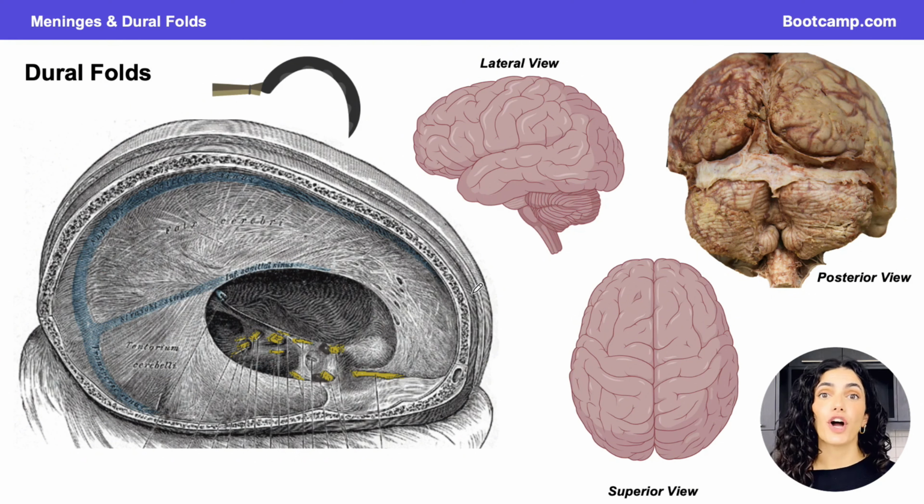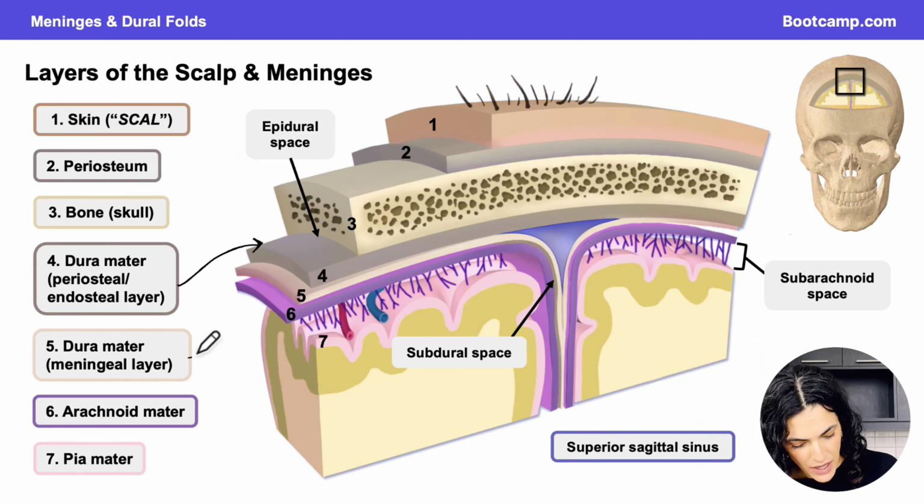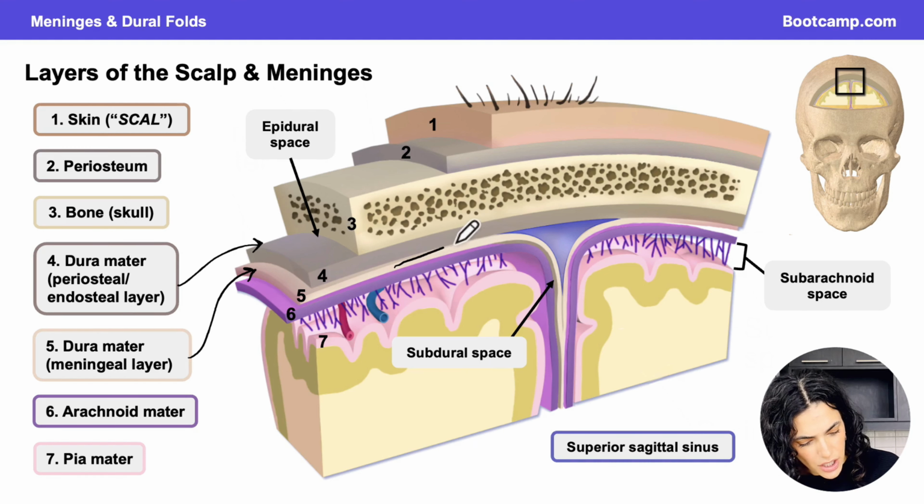So the dural folds are made up because of the layers of the dura mater. I'm actually going to go back here to our first slide to better show you how these dural folds are formed. So remember that we have two layers of the dura mater, so the periosteal layer and the meningeal layer. And I mentioned in certain areas of the brain where these meninges are located, we actually get this splitting of these two layers. And we'll essentially get the invagination here of this meningeal layer as it travels down.